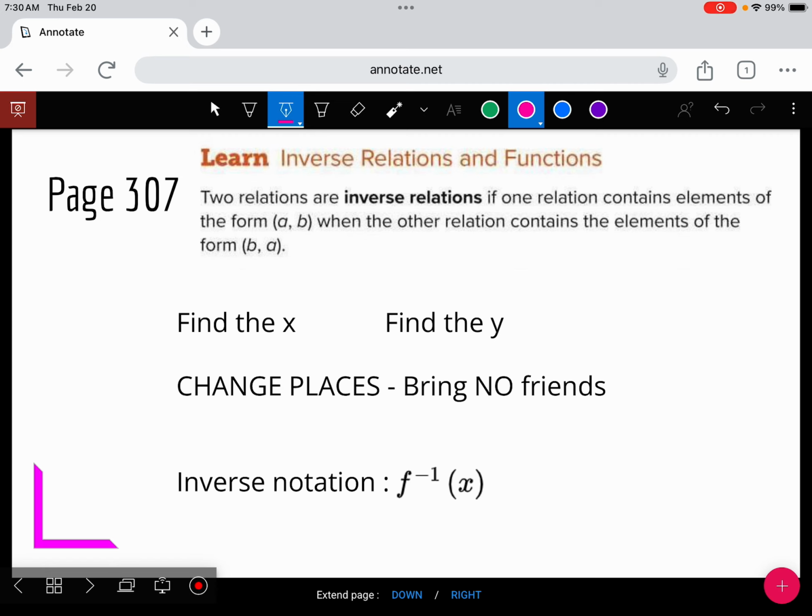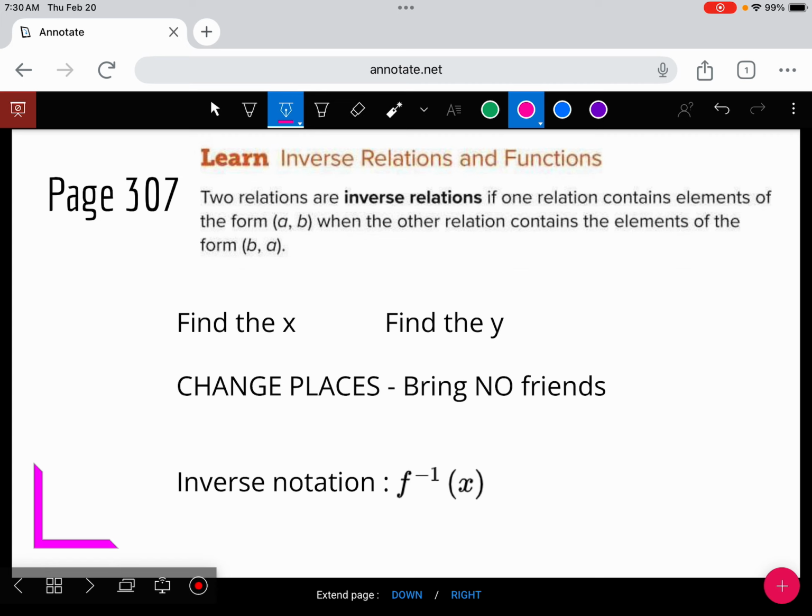So what we do to find an inverse is, I want eyeballs on me for a second, because I do a visual with this. We're going to find our x. This is my x. We're going to find our y. And we're going to have them change places. Inverse. So we find our x, we find our y, they change places. That's our process.